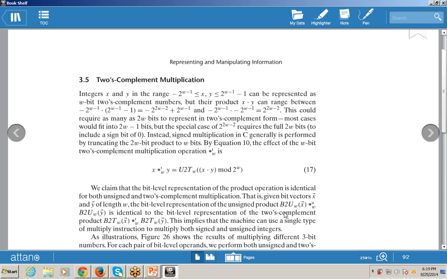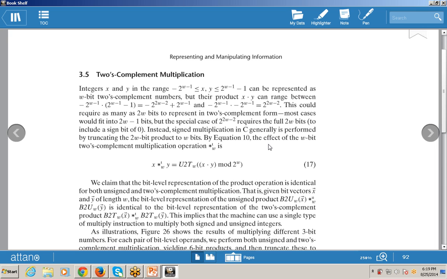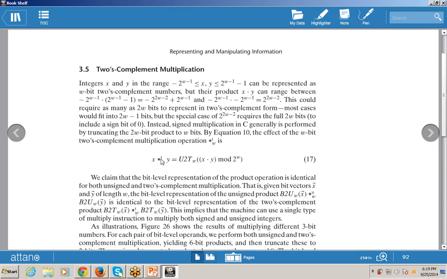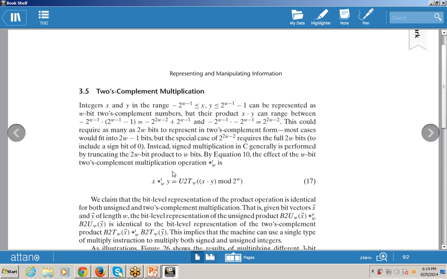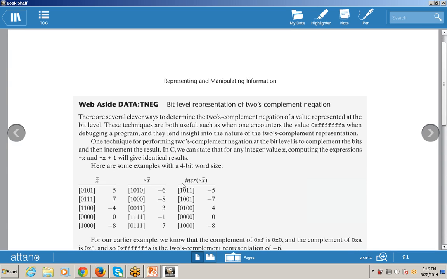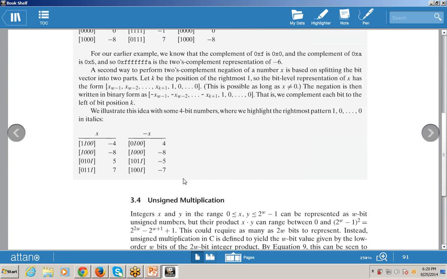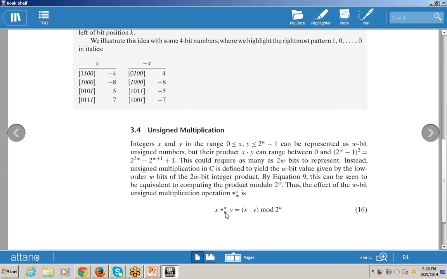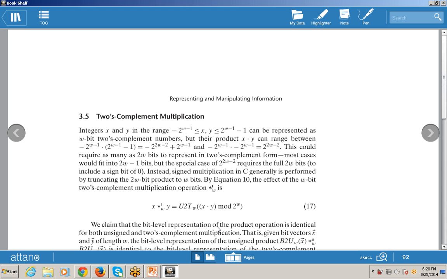Now the next topic is how we can use 2's complement multiplication. This is one of the important topics, how we can multiply 2's complement numbers. This is again the formula: x times_TW y equals U2T_w(x times y mod 2^w).